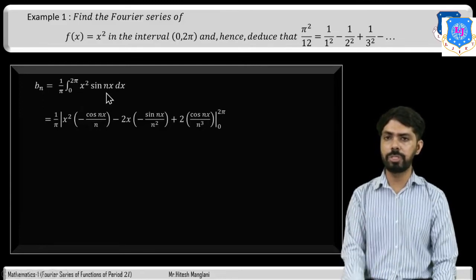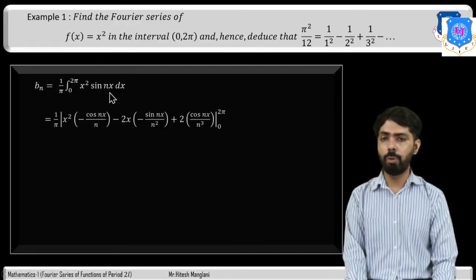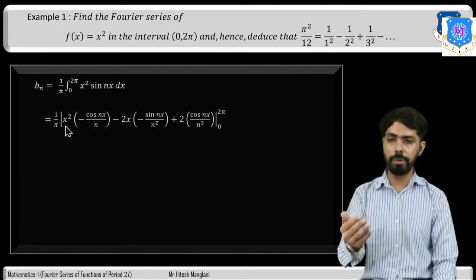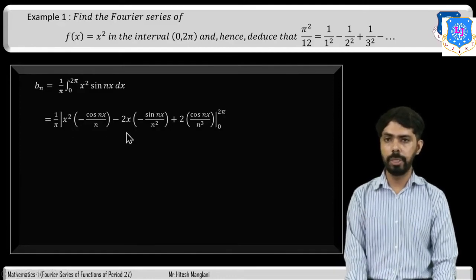The integration of sine theta is minus cos theta, so here it will be minus cos nx divided by n, because the coefficient of x is n. Then minus, now we will take the derivative of x square, which is 2x, and now we will integrate minus cos nx divided by n.